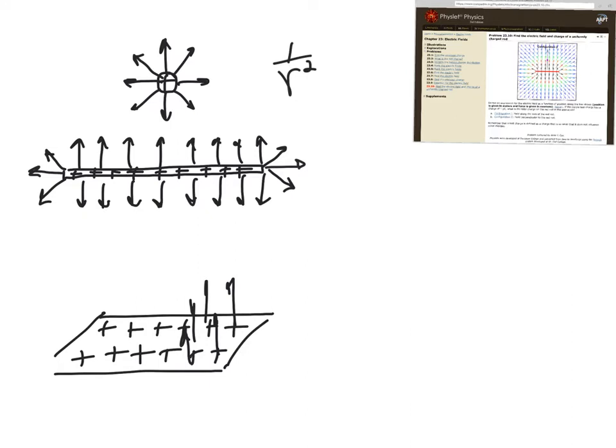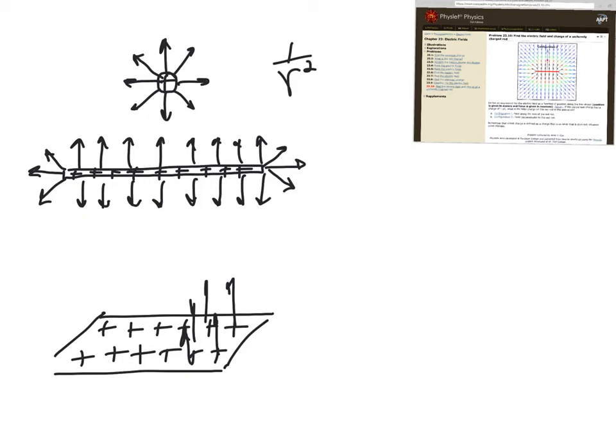But if you take this rod and you rotate it perpendicular to the page 90 degrees, so you're looking down the axis of the rod, it's going to look like this. So along this angle of sight, the charged rod looks like a point charge. Along this plane of sight, it looks like a uniform field.